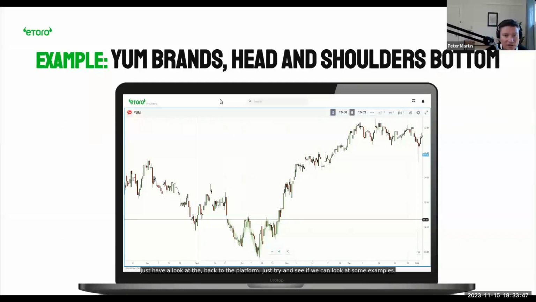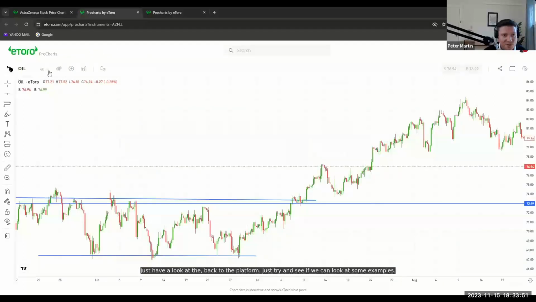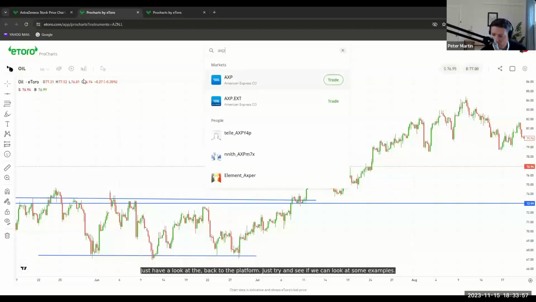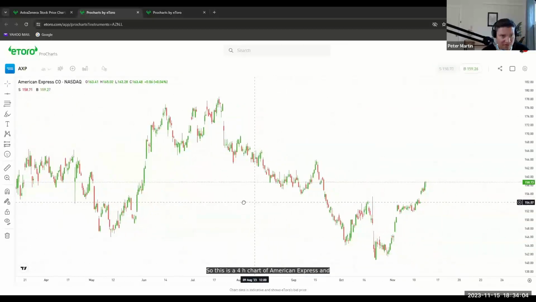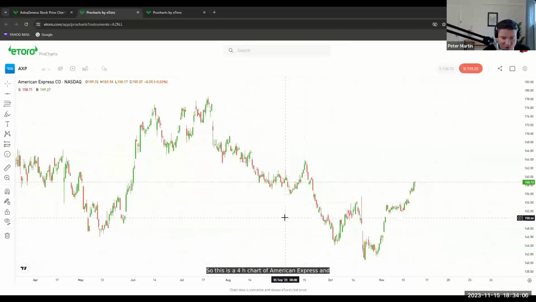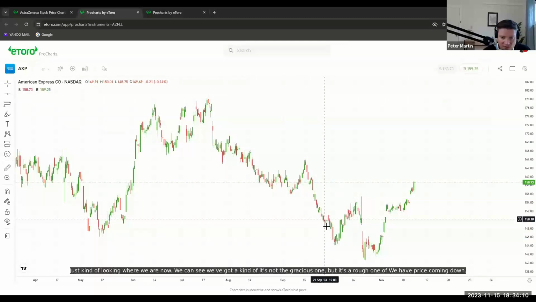Let's go back to the platform and see if we can look at some examples. So this is a 4-hour chart of American Express, and just looking at where we are now, we've got a rough one.